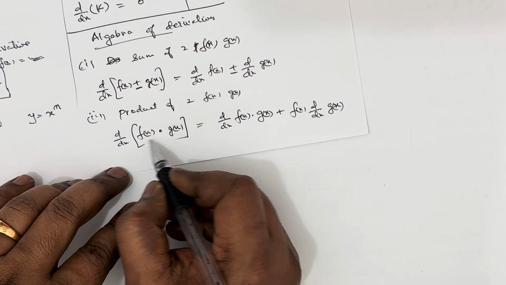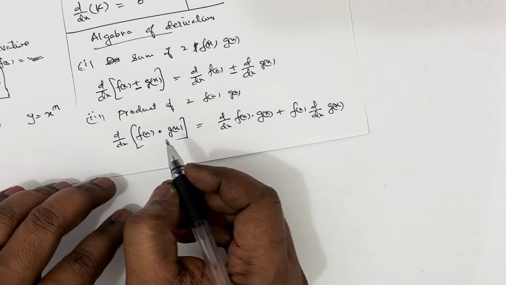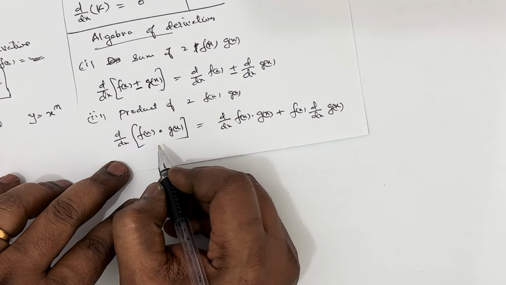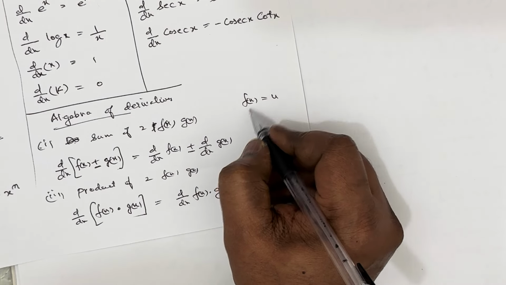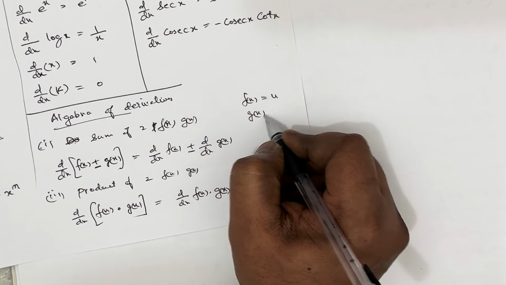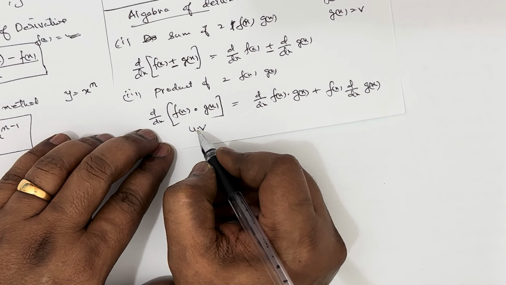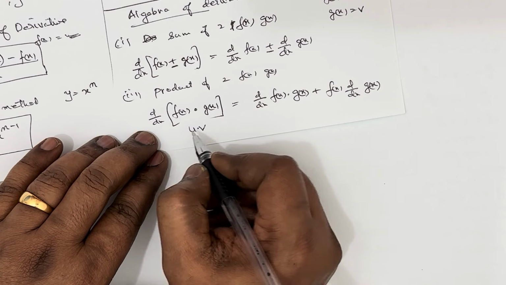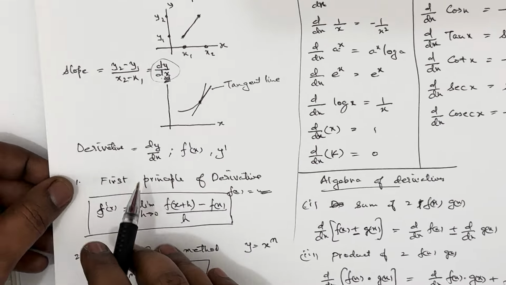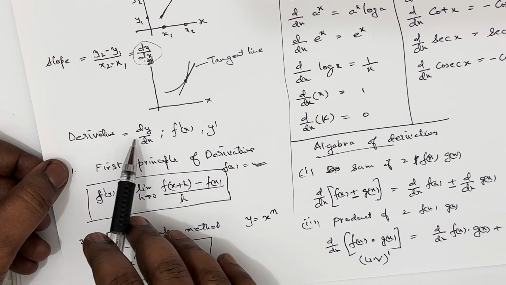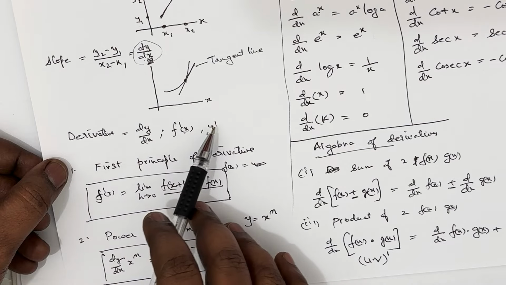Now this f of x and g of x is made shorter by using small variables. That is, assume f of x to be u and g of x to be v, then you can write this as u dot v or uv. And the notation for derivative is uv dash, which I have already said. The notations of derivative are d by dx, f dash of x and y dash.